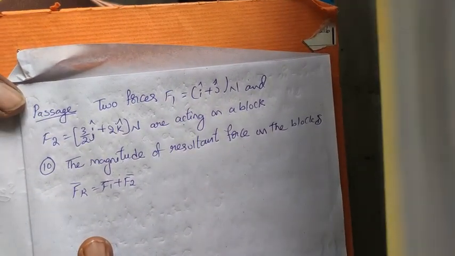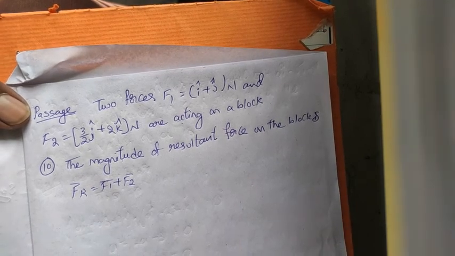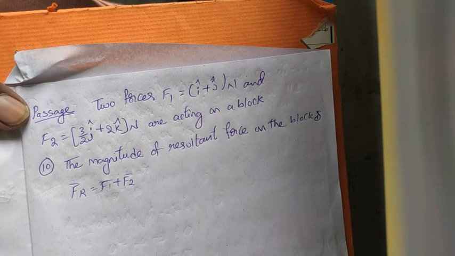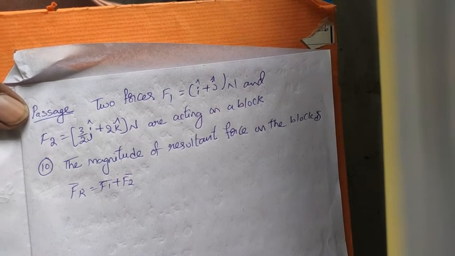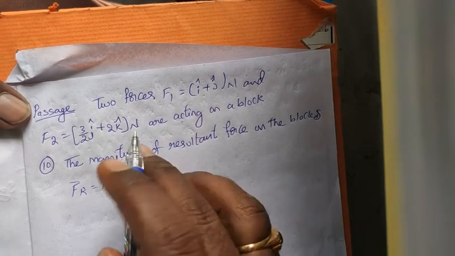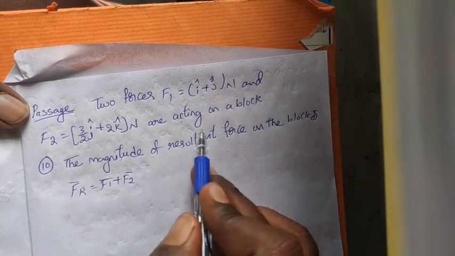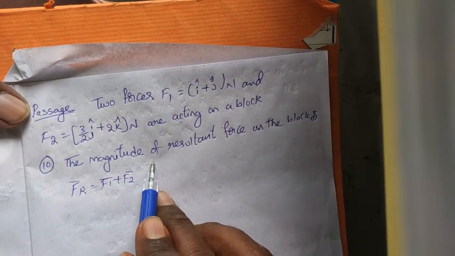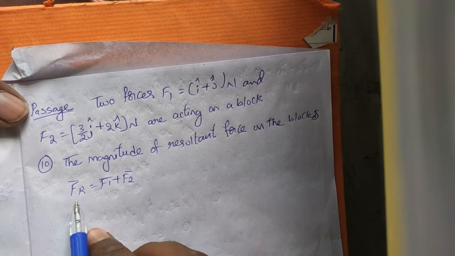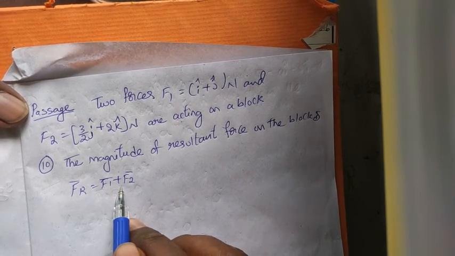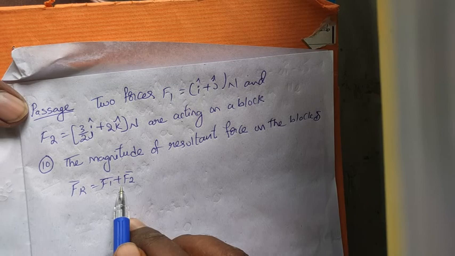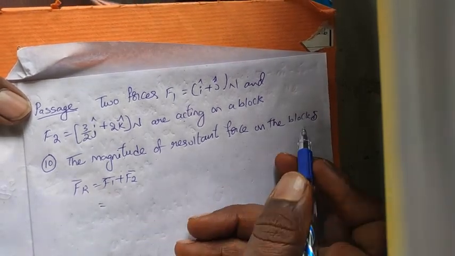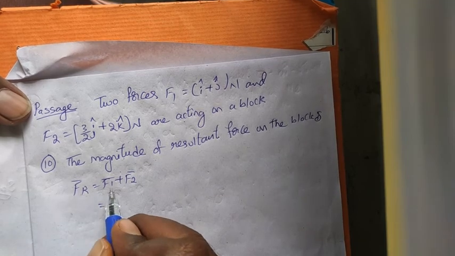Next let me go for a passage type question. Here two forces F1 and F2 are acting. Then the magnitude of the resultant force of the block is Fr equal to F1 plus F2.